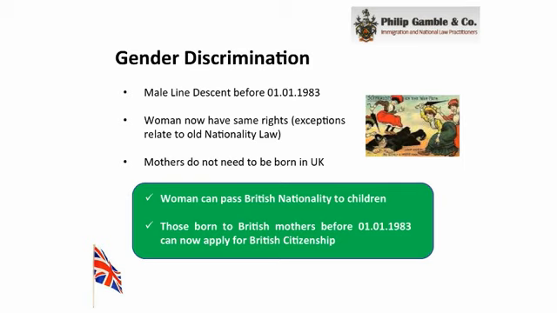On the 1st of January 1983, the British Nationality Act 1981 comes into force, and with this comes equality. From that point onwards, any child born overseas can derive citizenship from his mother or his father. So women now have the same rights in the modern day.